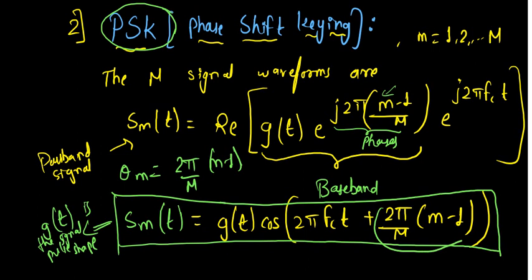So for different values of m we will have different thetas, and thus different phases. So we will have M different phases.